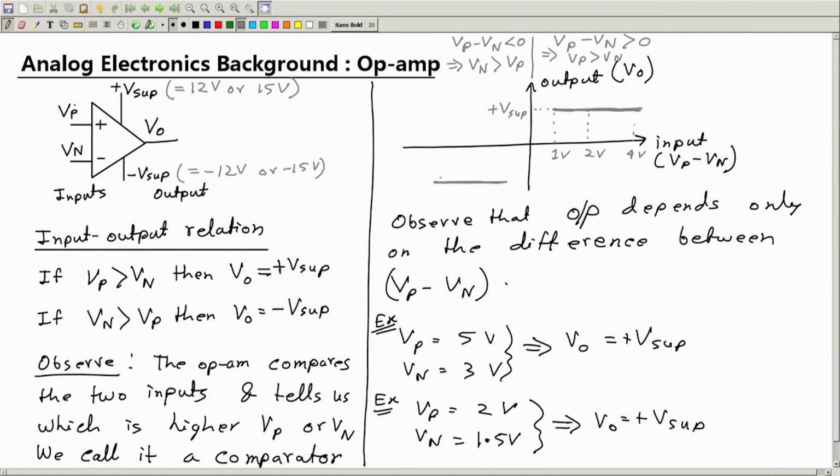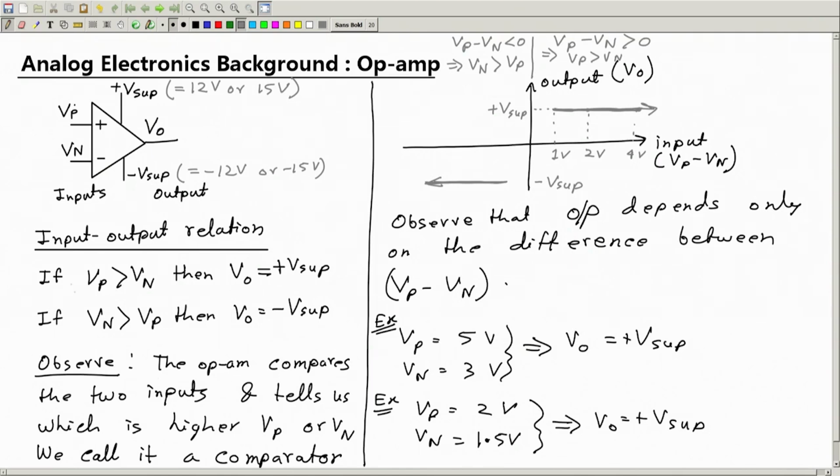So this is how it is. It's constantly negative, equal to minus V supply, and here you can put an arrow to indicate that it goes on like this, flat, horizontal. Also you can call this a saturation. It doesn't increase or decrease any further, ideally. So this is the graphical behavior.